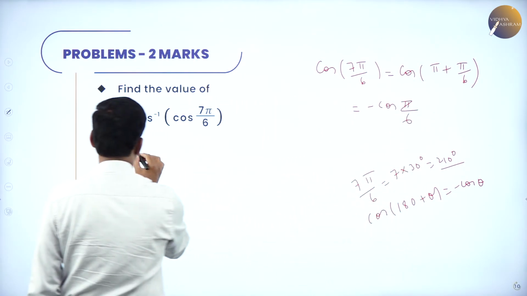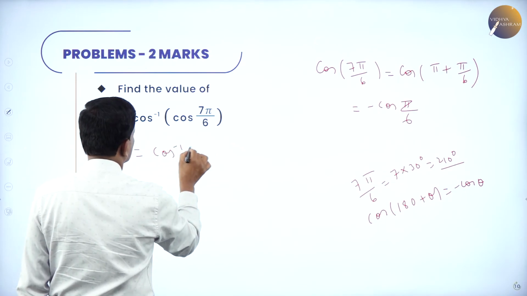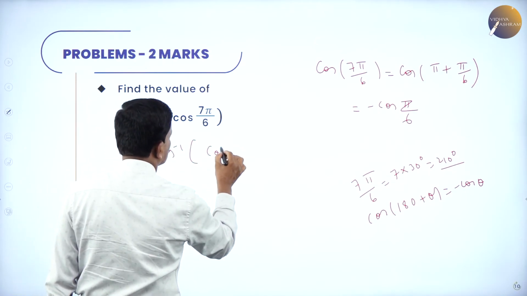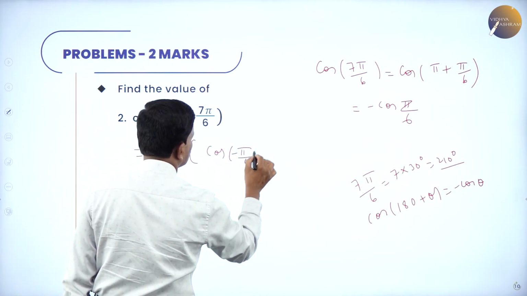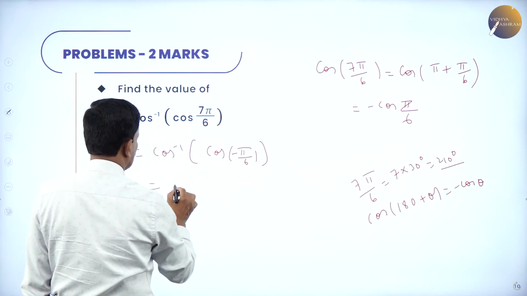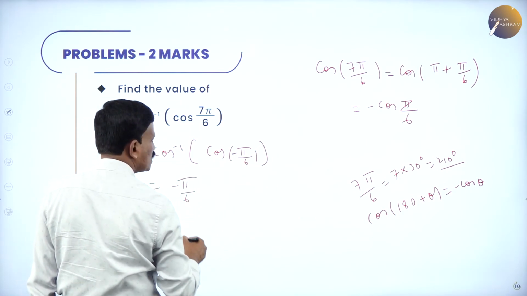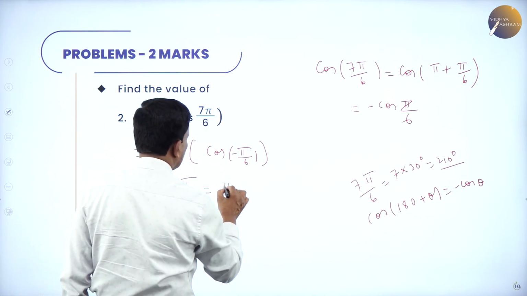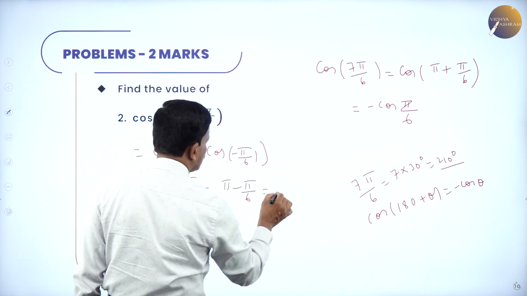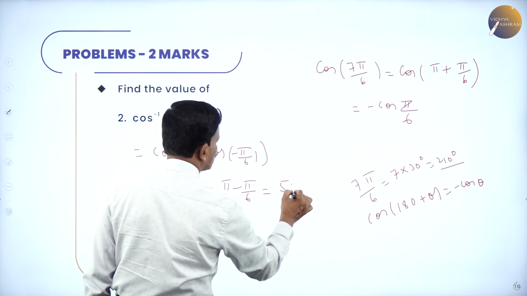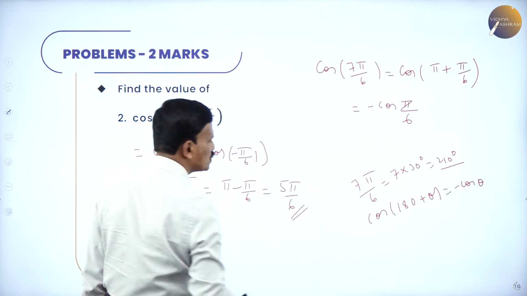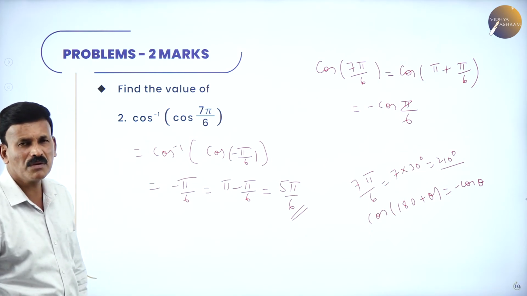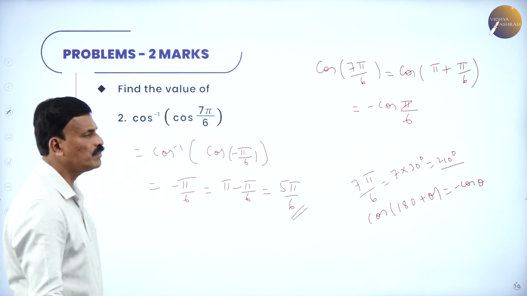So this can be written as cos inverse of cos of minus pi by 6, which is equal to minus pi by 6. Once it is negative in cos, we are going to use pi minus pi by 6. Take LCM. 6 pi minus pi is 5 pi by 6, the simplified answer.